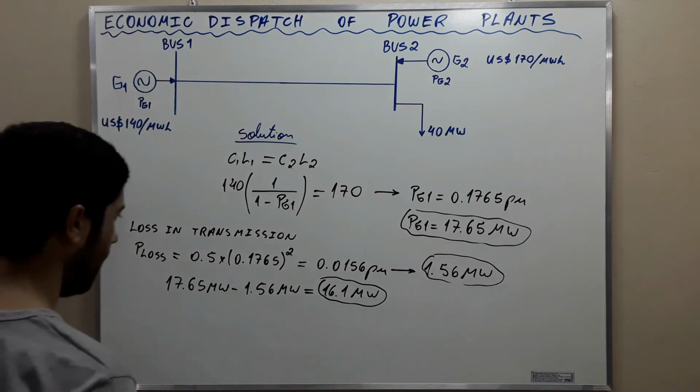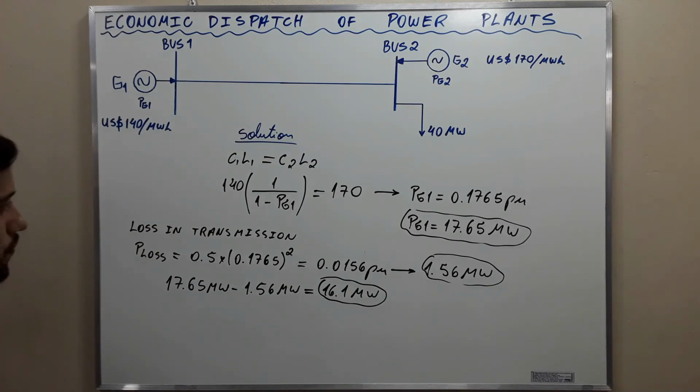Now, let's calculate the power supplied by generator 2.